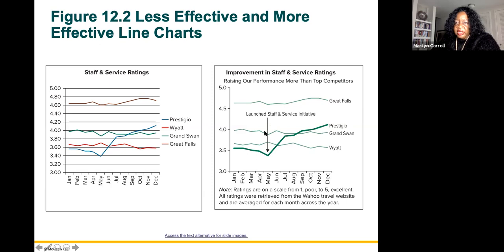The reason it was up, then it went down, then it went back up. This is relevant to anyone looking at this, because this is a focal point of discussion. And when I'm discussing the Presidio, I can say, regarding this improvement in staff, Presidio had something going on. What did Presidio have going on that was different from Great Falls, Grand Swan, and Wyatt?